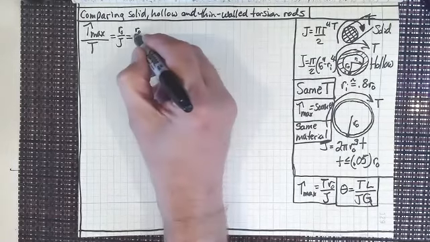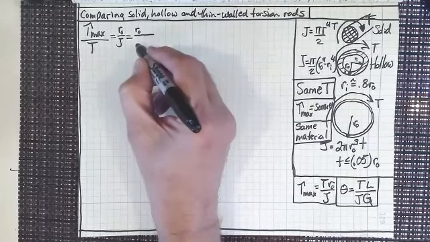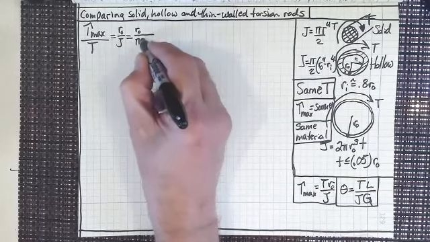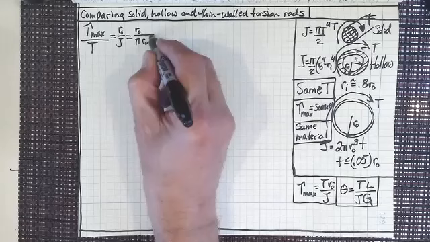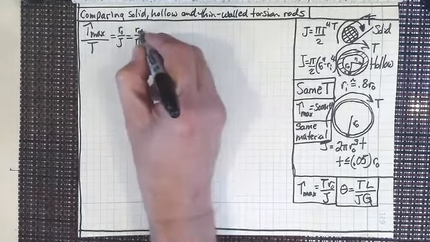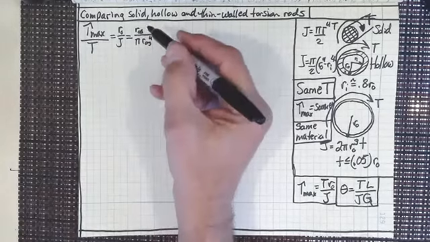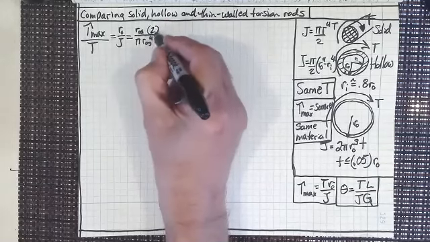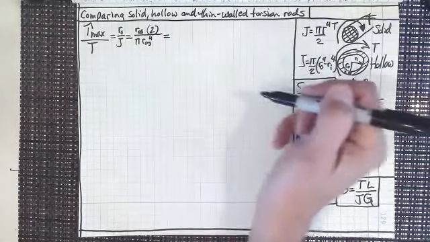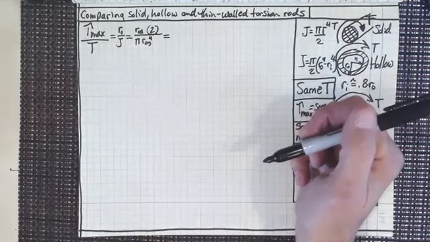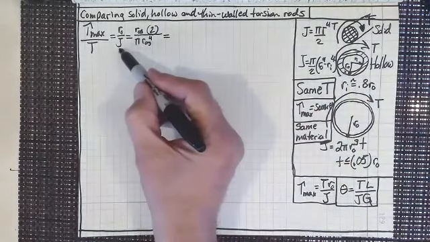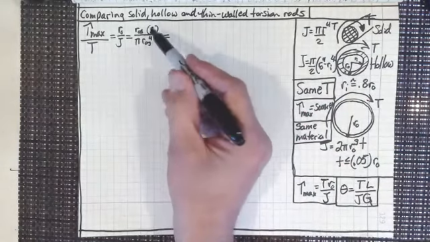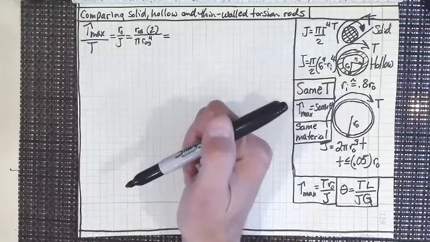Like they all have, divided by pi R outer to the fourth. I better put an S there because that's the solid shaft, times 2. I hope I didn't lose anybody on that algebra. I'm just substituting in J from the bottom, pi R squared over 2. So it's upside down.